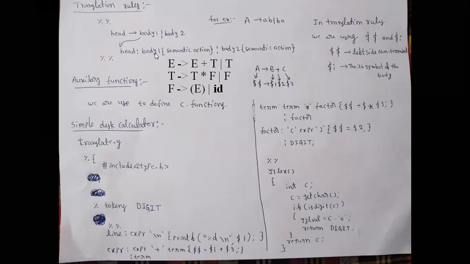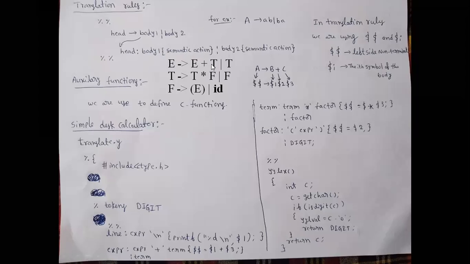In between open curly brace and closed curly brace, we write the semantic action. Semantic action means what body 1 represents. For example, if the production is E produces E plus T, then this is the representation of the addition operation.